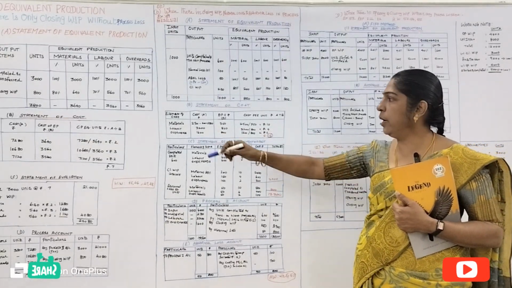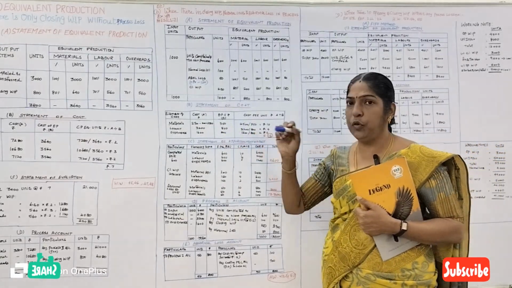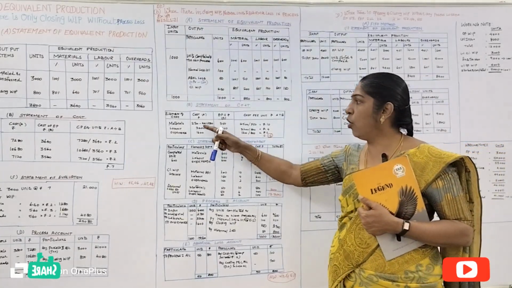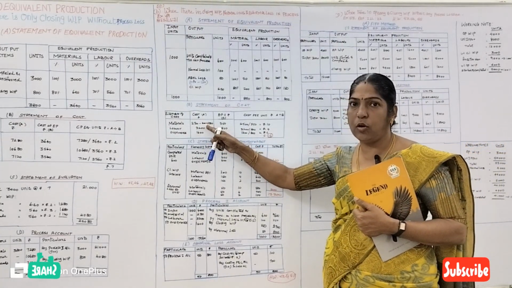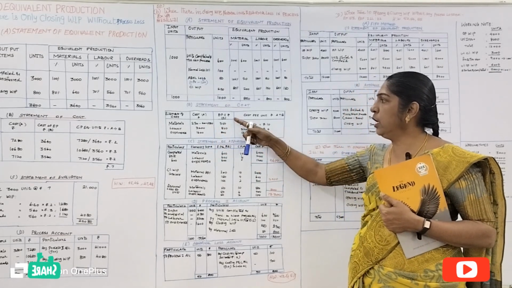Accordingly, material we have 2700. Listen here carefully. If you have normal loss in the question, the scrap value of that normal loss will be deducted from the material cost. Then only will you divide by the equivalent production units.